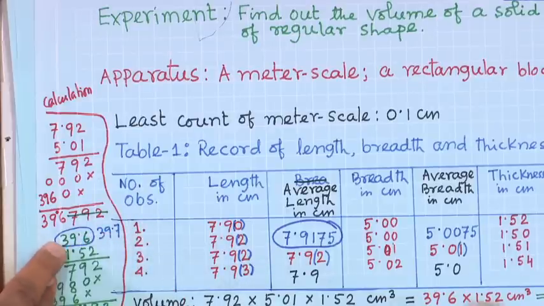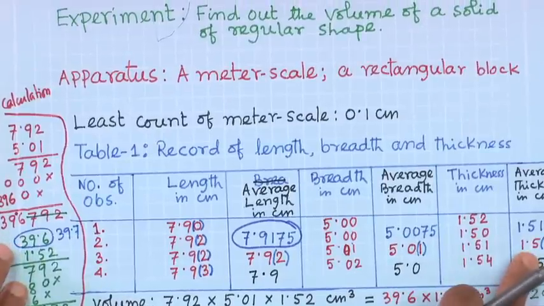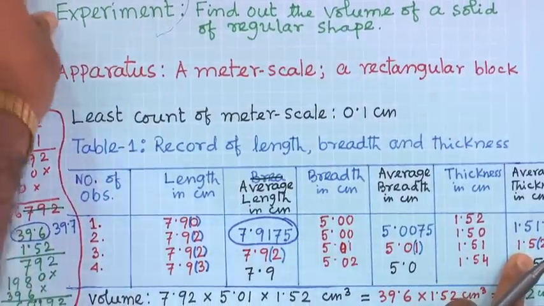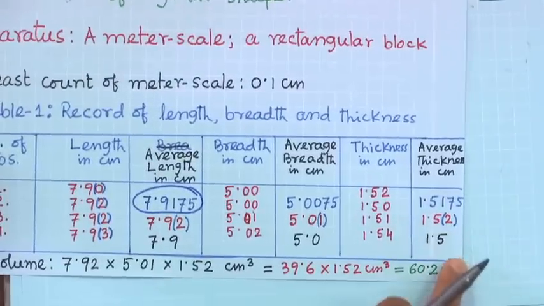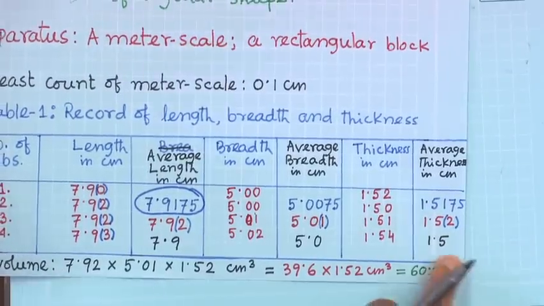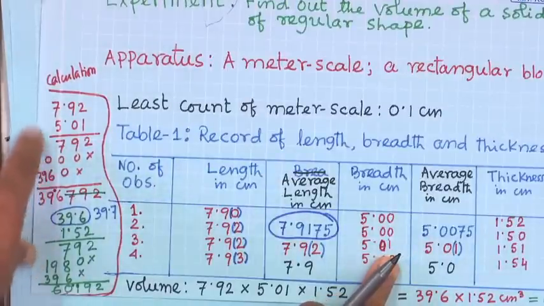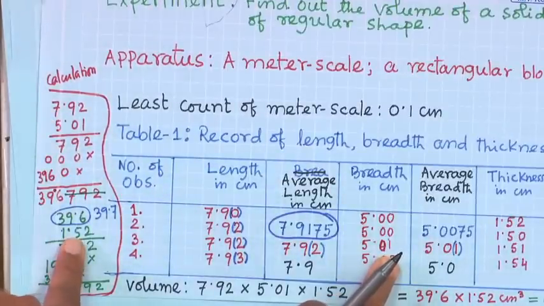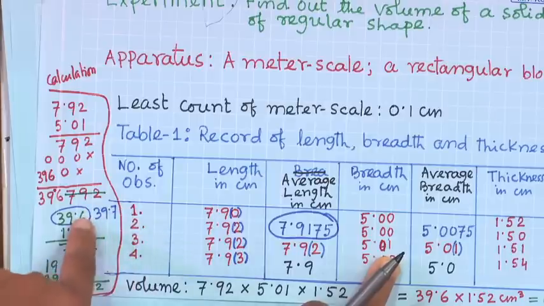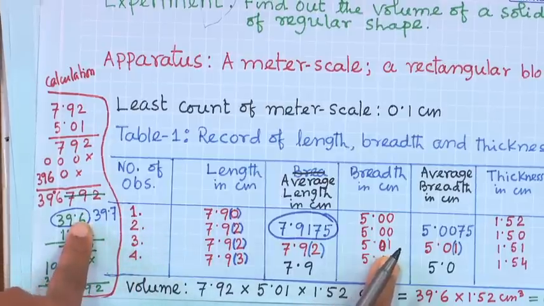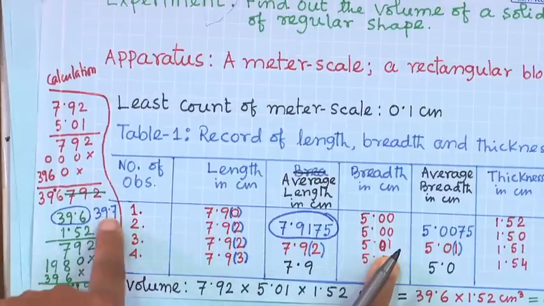Now I will multiply with this thickness, 1.52. If you multiply 1.52 with 39.7 in principle, but I have multiplied with 39.6 by mistake, it should be 39.7.